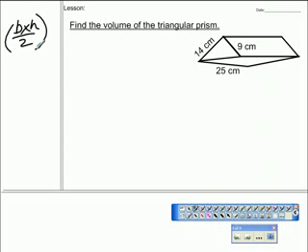So am I going to need this to do this? Yes, because I have a triangular prism. There we go. Now we can find it. We know that that's a right angle, so this 14 is the height and 9 is the base. So I can have base of 9 times the height of 14 divided by 2. That gives me what?